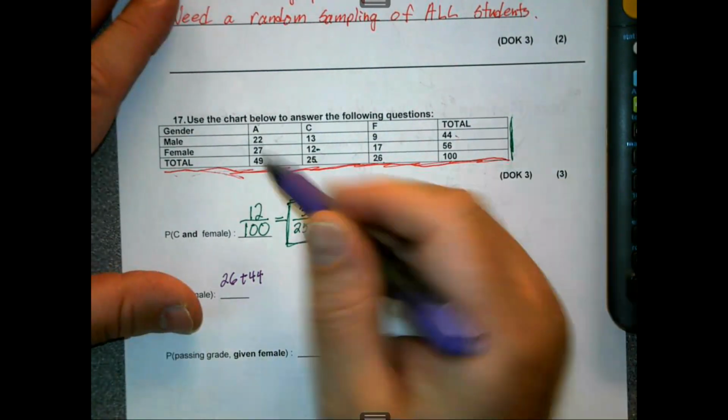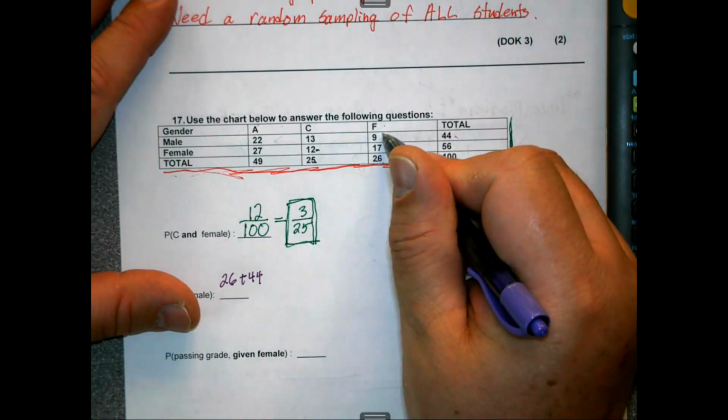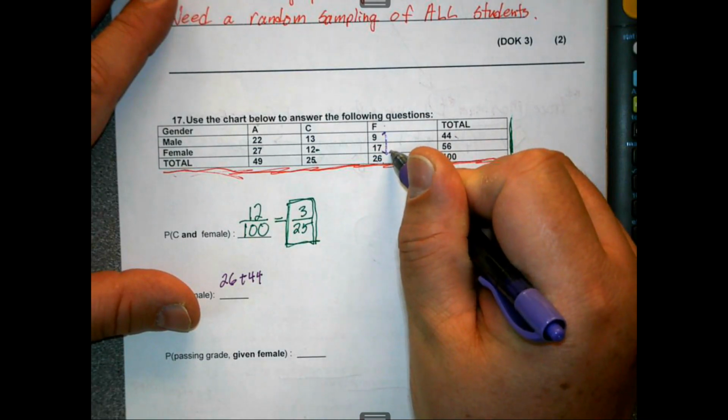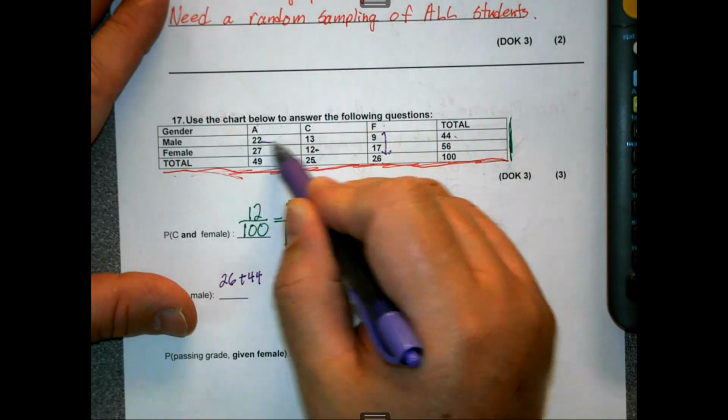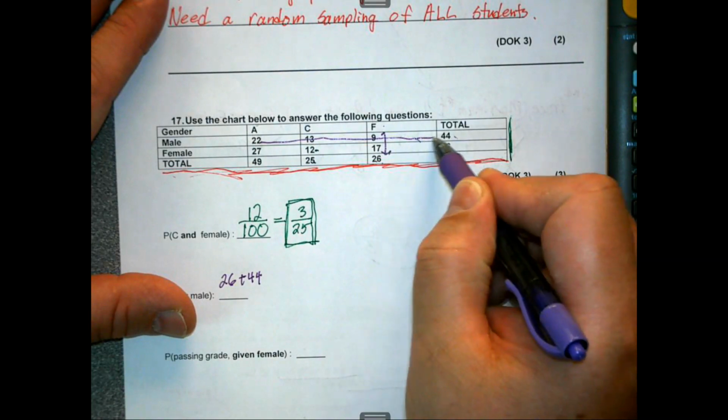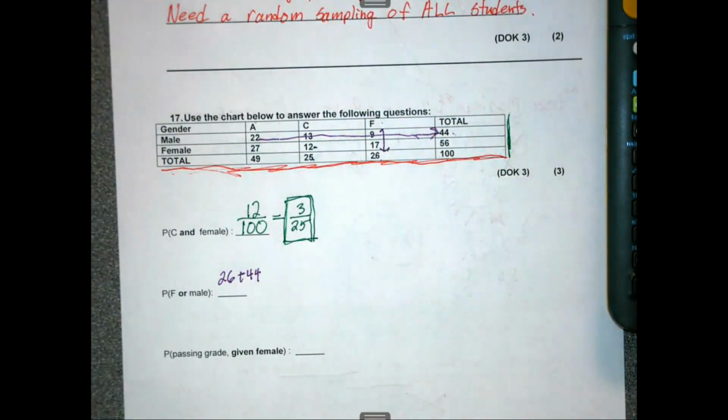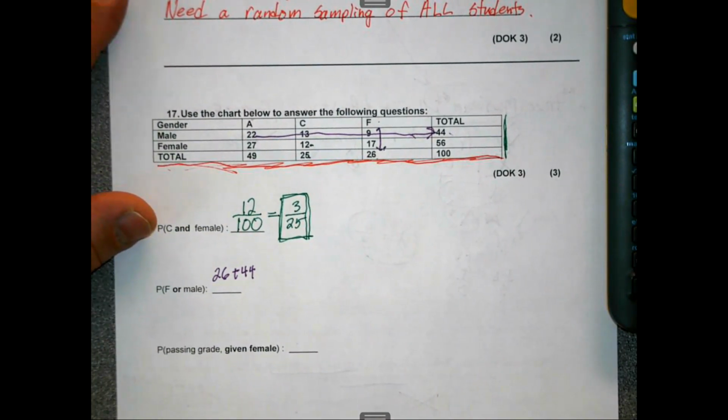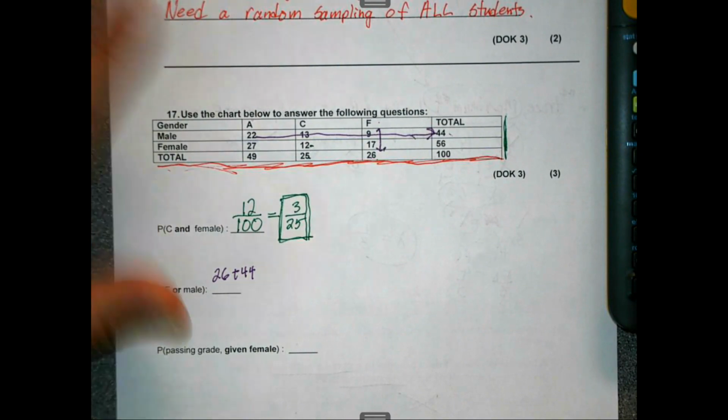So we went this way to get our 26, then we went this way to get our 44. Notice anything in that F column? Yeah, they intersect.